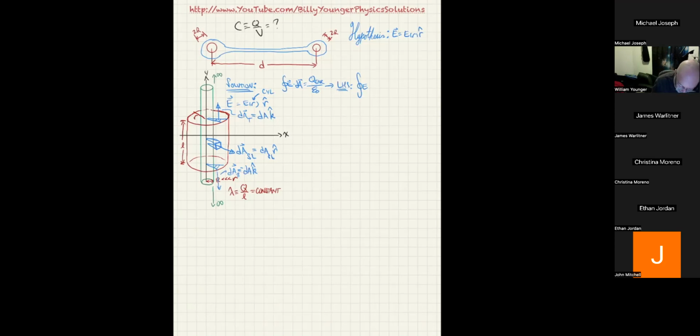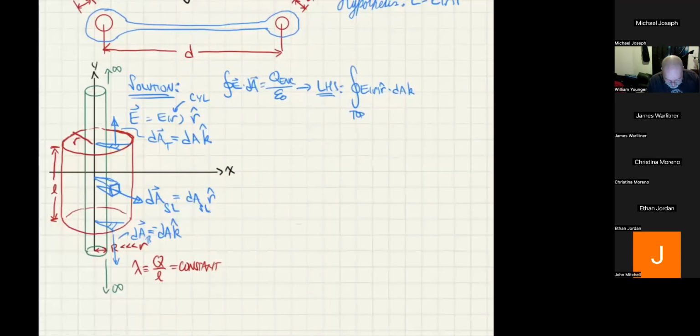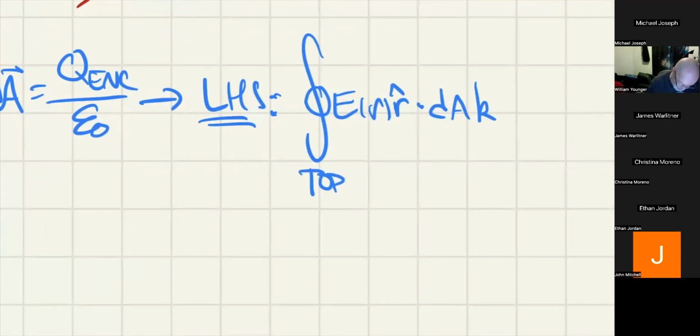So in this case, I'm going to get E of r r hat dotted with dA k hat, and this is us integrating over the top. And in fact, since I did it this way, I don't actually need the circle of this integral. So let me go ahead and erase that circle.